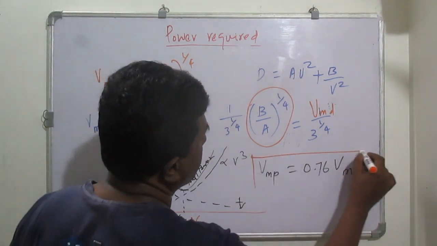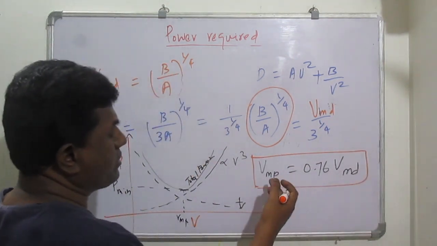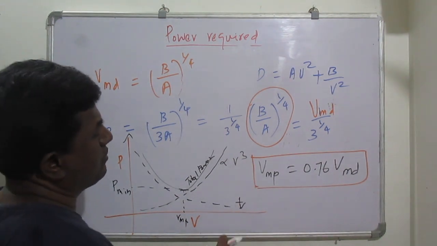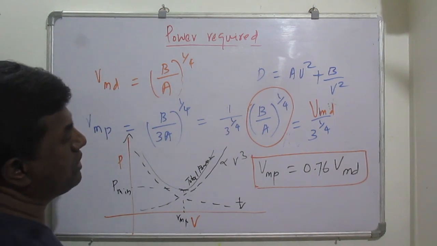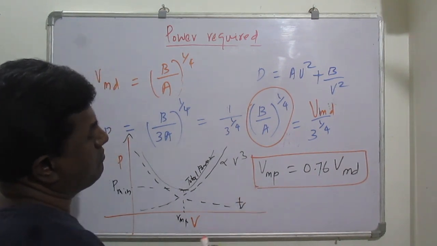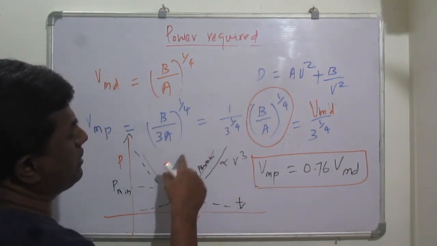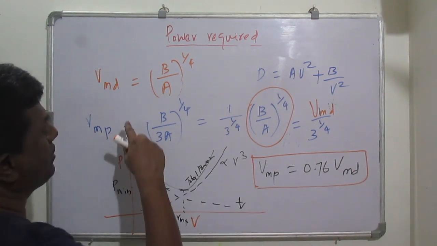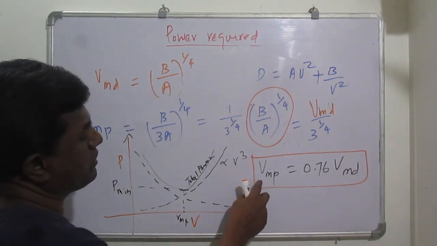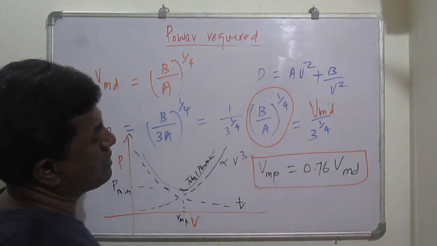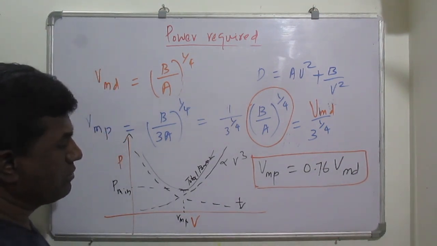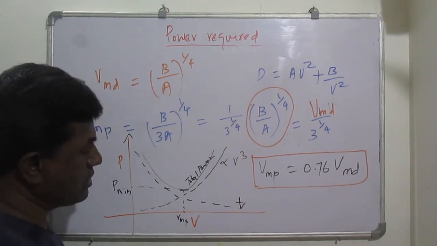Anyway, this can also be obtained from CL and CD. So we are getting a straight equation: velocity at minimum power equals 0.76 velocity at minimum drag. I think this is clear.